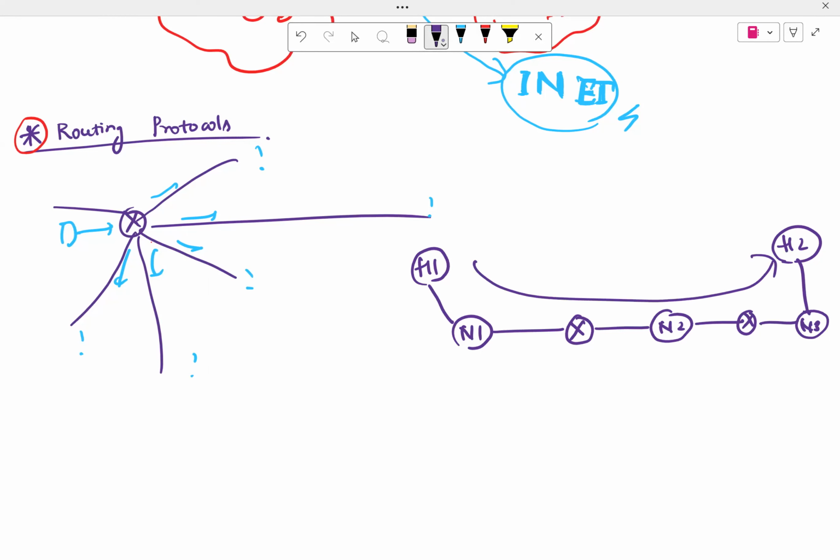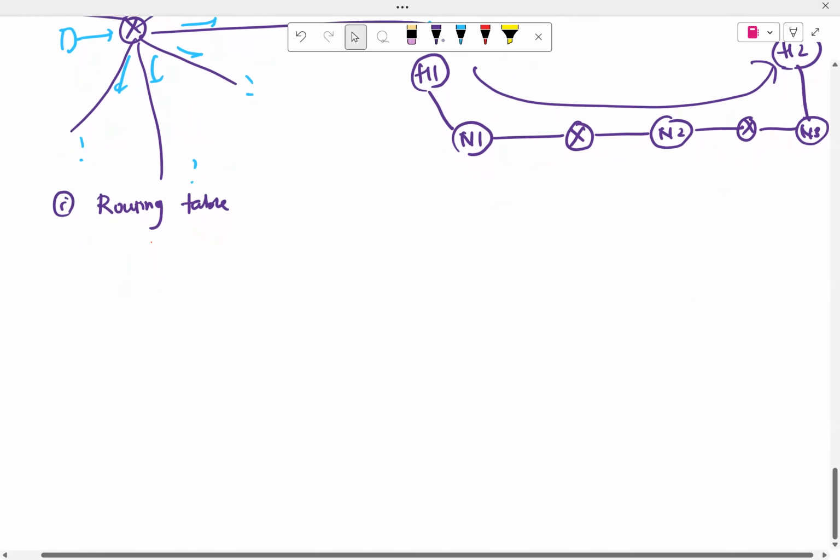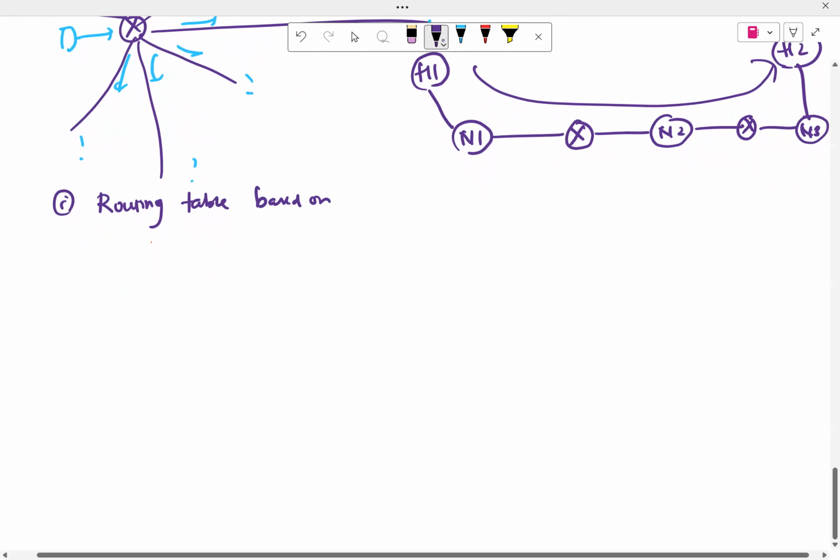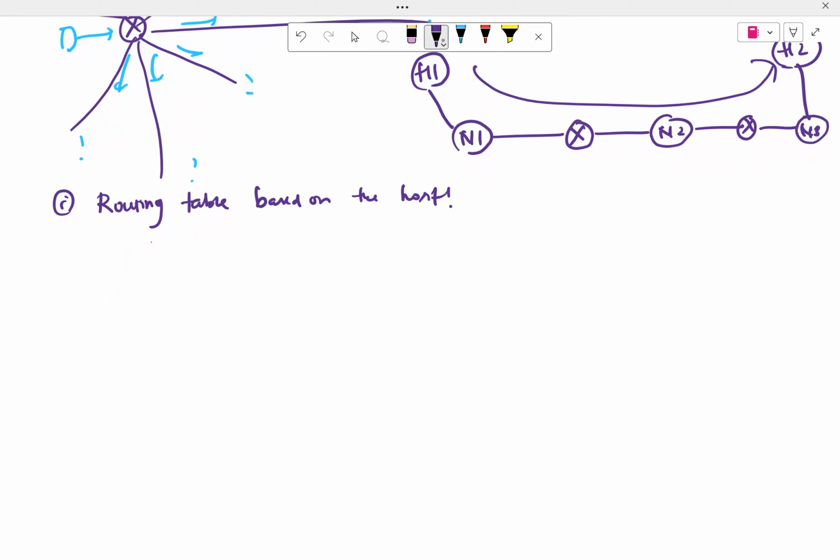So there's something called a routing table. If we create a routing table based on the host, sorry, based on route.